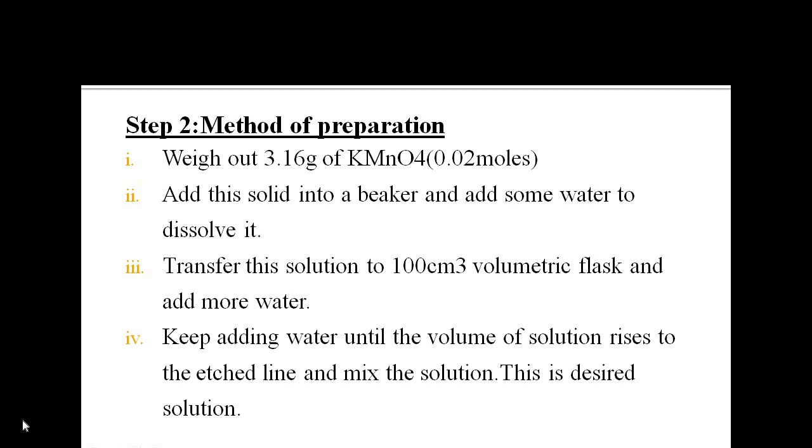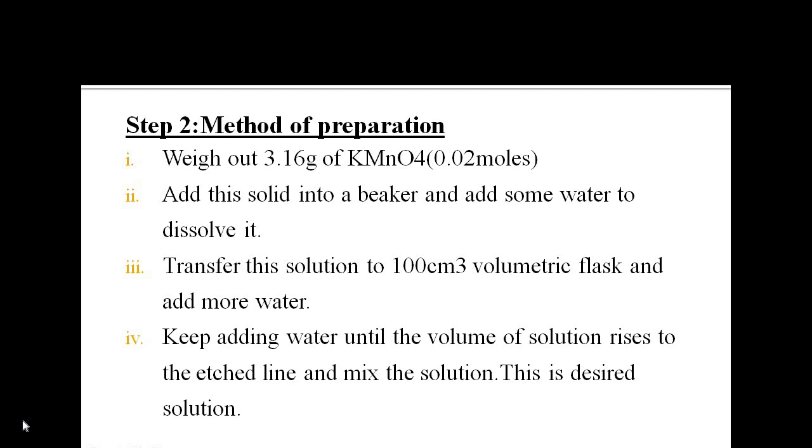A mark is written on the volumetric flask that gives the exact volume of the solution. Keep adding water until the volume rises to the line, and mix the solution. This is the desired solution. So step number 1 is to find the mass of solute by the molarity formula, and step number 2 is how to prepare it.